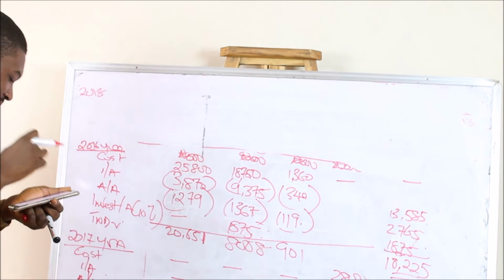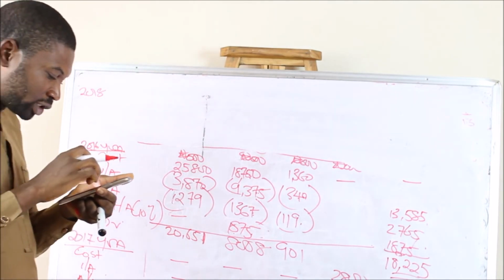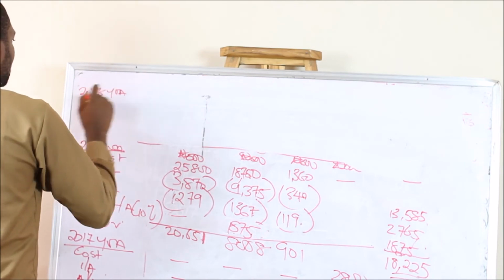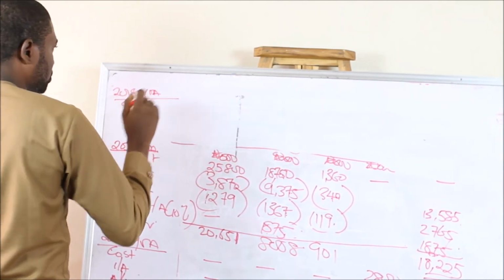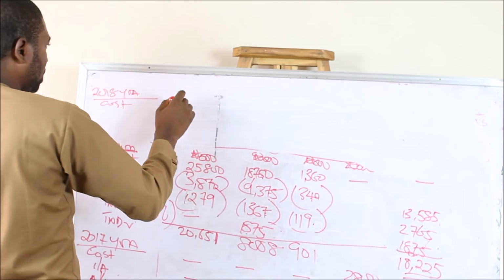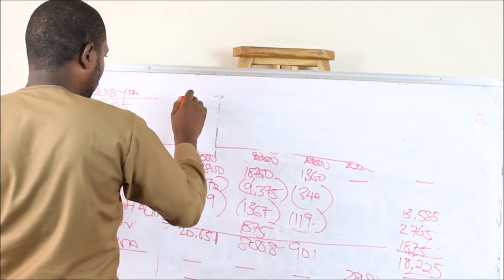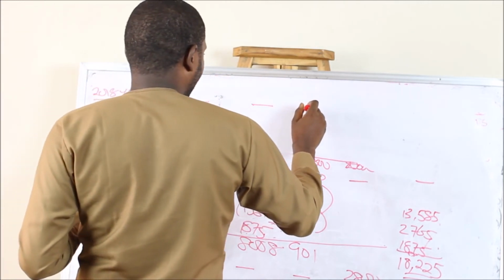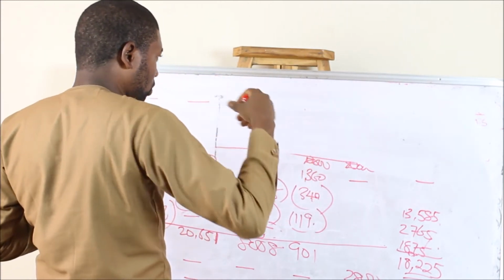Now if you look at 2018 again, a motor vehicle was acquired. Check the question very well. In 2018, the year of assessment, there's an acquisition of motor vehicle. So for the building, we say dash. For the plant and machinery, dash.